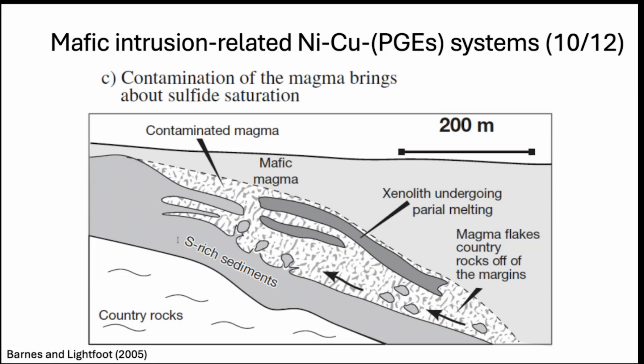In particular, the sediments can be sulfur rich, and by interacting between the sulfur-rich sediments and the melt, we can introduce sulfur into that melt. That external sulfur is then needed to segregate the sulfide minerals. And we know this happens based on sulfur isotopes, which we talked about previously.